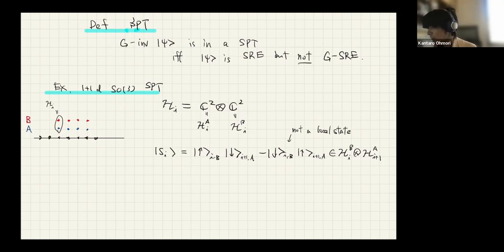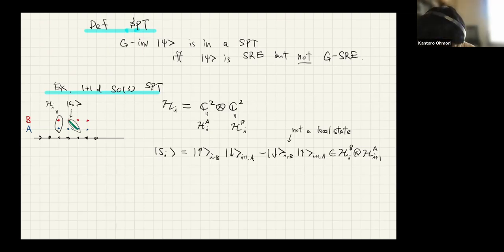To be consistent with my lecture note, I flipped the A and B in the figure. So Si schematically looks like this. So this is Si. Okay, that introduces the entanglement between the B qubit at site I and the A qubit at site I plus 1. Okay.